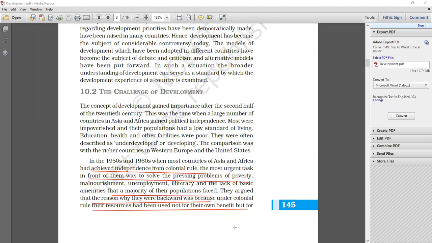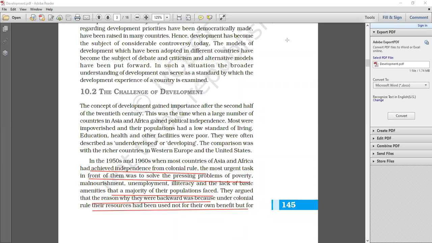As you have seen, after the Britishers came to India, most of our resources, iron, steel, coal, and minerals, etc., most of the mining industries came up, and they used most of our resources. So most of the countries argued that under colonial rule our resources had been used by the colonial masters for their benefit. This is the main reason we are backward.